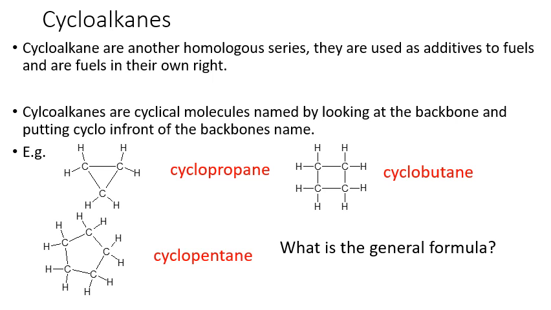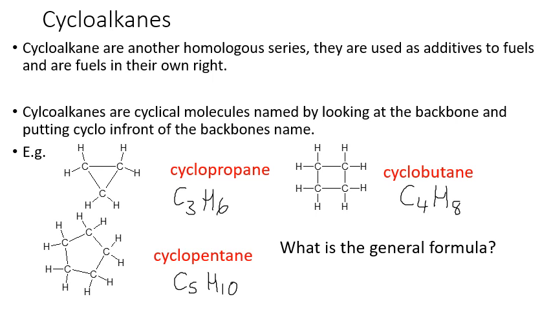So how many carbons does this one here have? Well, it's got 3. And how many hydrogens? It's got 6. Cyclobutane, it's got 4. And how many hydrogens? Well, as you can see, there's 8. Cyclopentane, there's 5 carbons, and you counted up 10 hydrogens.